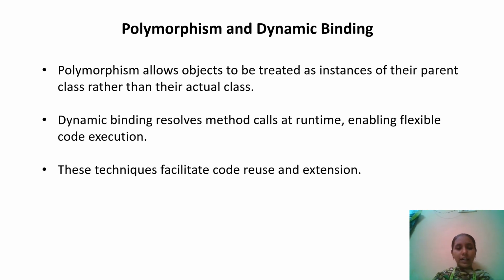Polymorphism and dynamic binding. Polymorphism allows objects to be treated as instances of their parent class rather than their actual class. Dynamic binding resolves method calls at runtime, enabling flexible code execution.